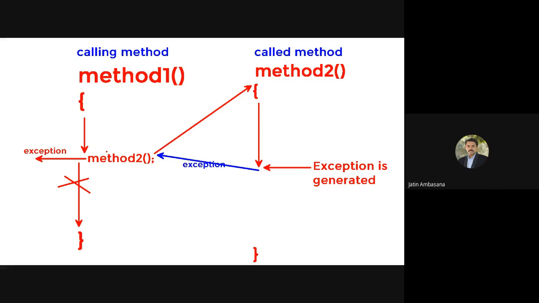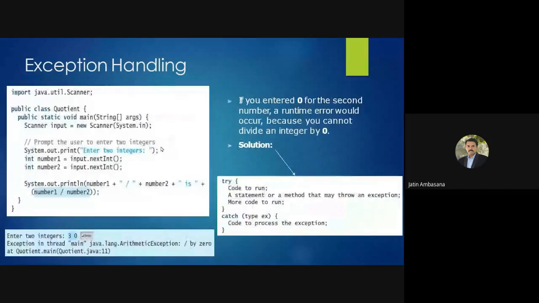Of exceptions or runtime errors. So in order to do a normal execution after an exception is caught, we use the exception handling technique. Okay, so how do we use it?